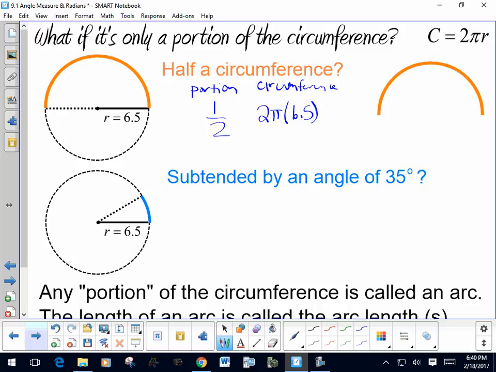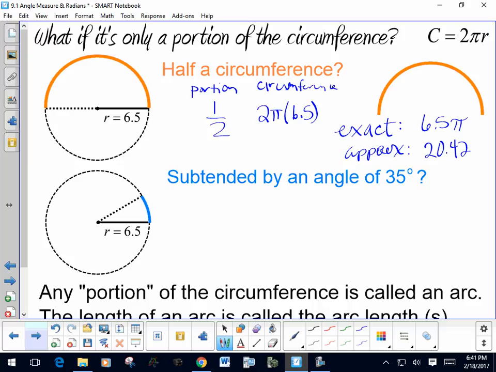Well, if we calculate that, if we leave it in exact form, we would have 1/2 times 2 times 6.5, which is 6.5 pi. Or if we wanted a decimal approximation, we would just calculate that with our calculator to find that that is about 20.42. Now this is the same radius we were using for our last circle that we found the entire circumference of, and you can see this is just half of that.